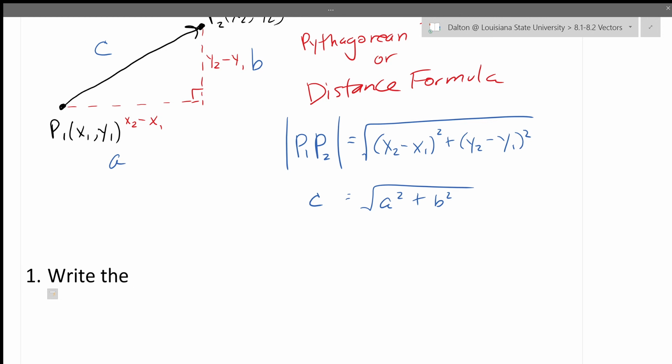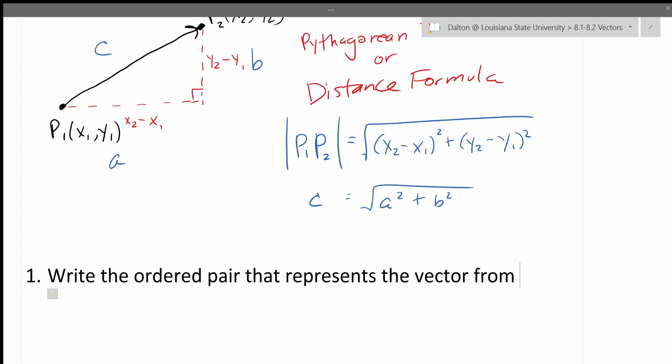So it's going to say, write the ordered pair that represents the vector from the point, let's do D, point D at (2, -3), to point E at (-4, 2).